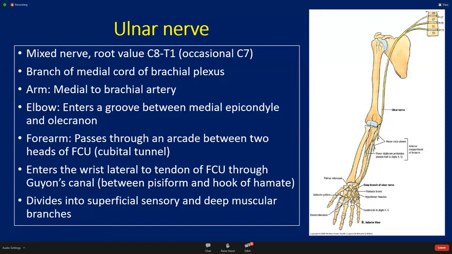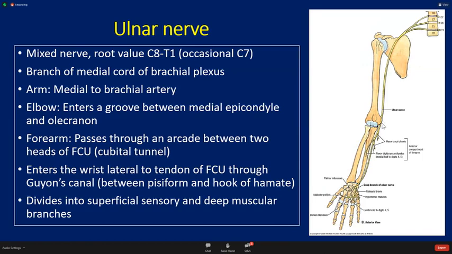So the second nerve is the ulnar nerve, which is a branch of the medial cord of the brachial plexus, which mostly contains C8 and T1 fibers. In the arm, it is medial to the brachial artery and enters the elbow between the medial epicondyle and olecranon. This is a very important site where the nerve is prone to compression.